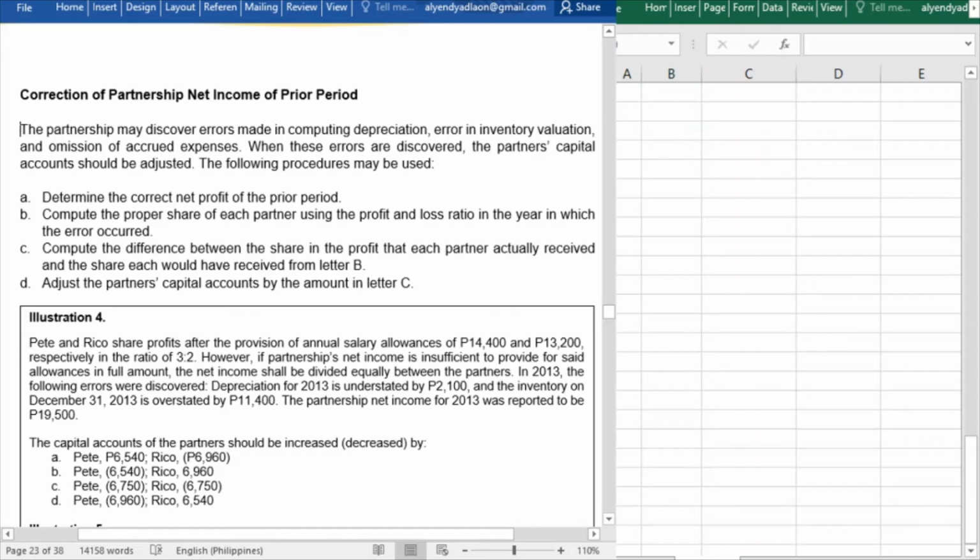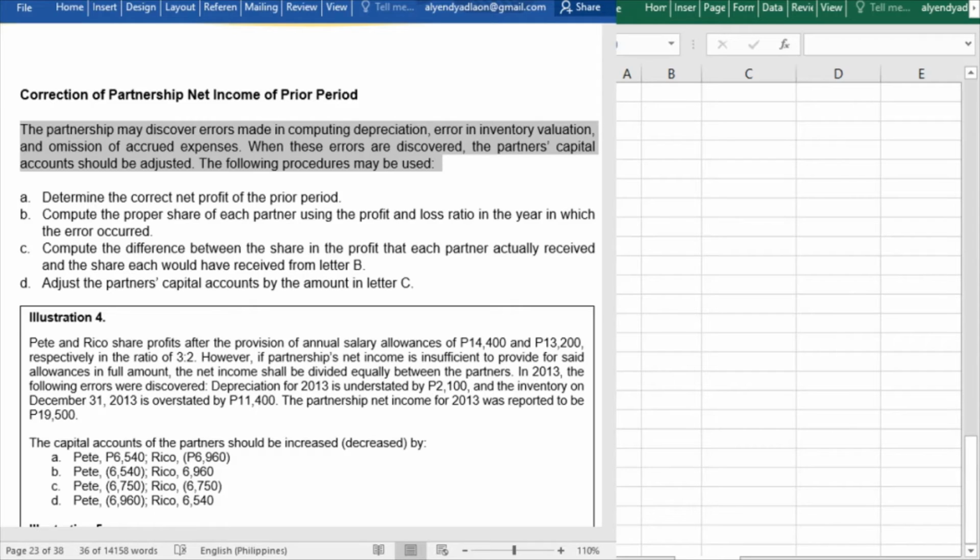Now, the partnership may discover errors made in computing depreciation, errors in inventory valuation, and omission of accrued expenses. When these errors are discovered, the partners' capital accounts should be adjusted. The following procedures may be used. Of course, class, the net income that we computed from the prior periods was already credited to the capital accounts of the partners.